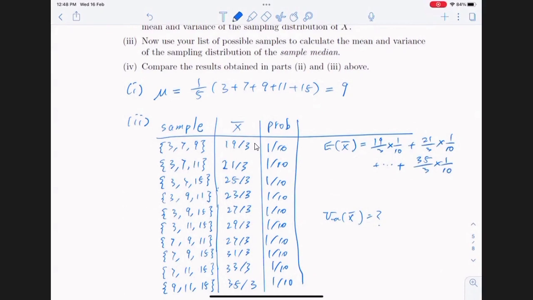And if you get it correctly, you will find that it's very nice. It is only equal to 9. Equal to the population mean. And it is also a mathematical fact. For this kind of sampling, the expectation of the sample mean will be equal to the population mean. So this is just an exercise for us to verify such a property.